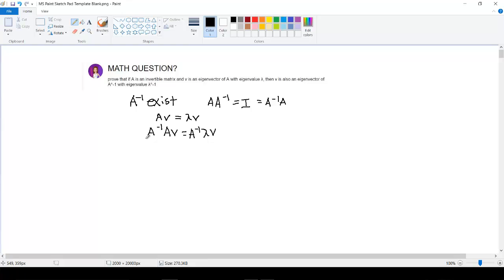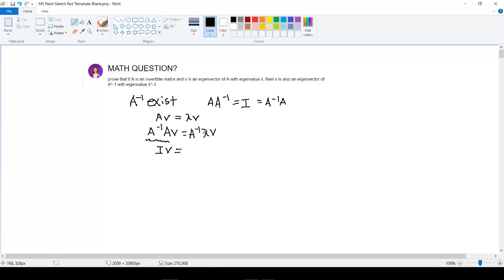Now you notice this first one, this is the reason we did this. We can take advantage of A inverse times A from the definition up here, which is the identity matrix times V. And on this side, notice that lambda is not a matrix or a vector, it's just a number.